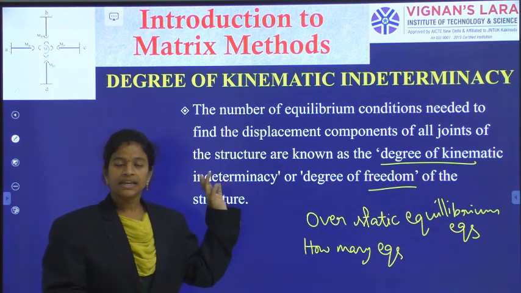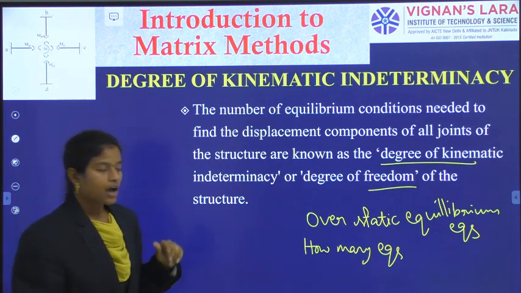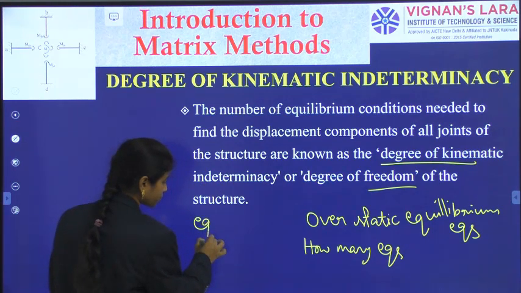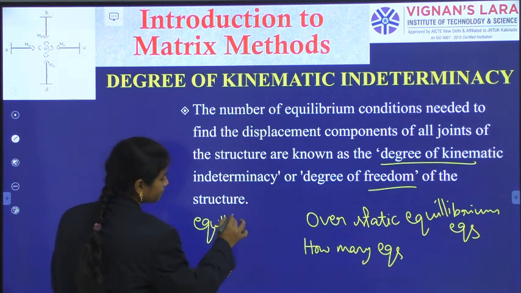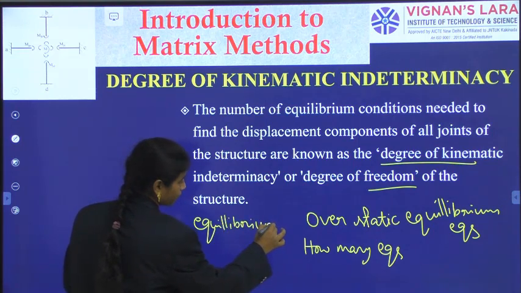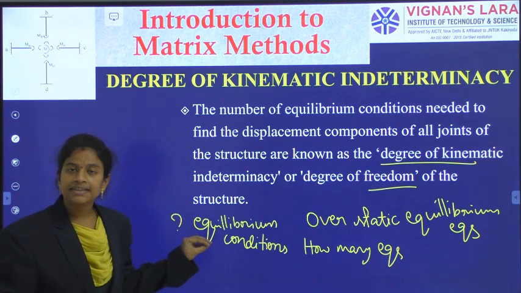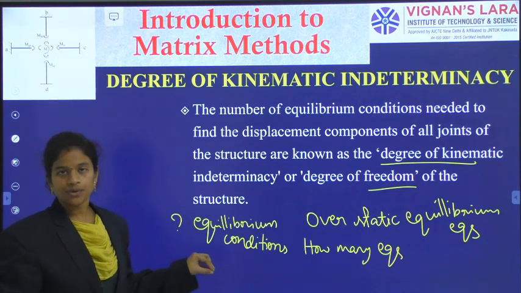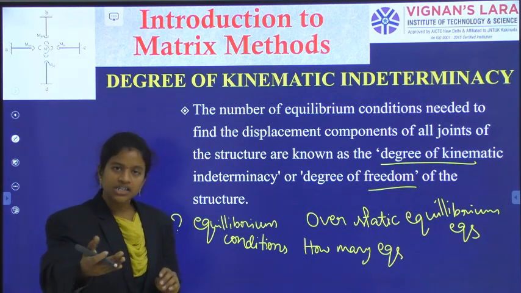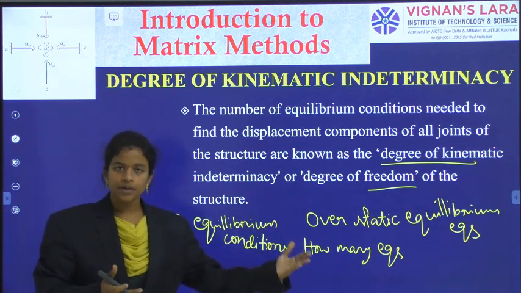In the case of kinematic indeterminacy, how many equilibrium conditions are required for calculating the displacements of the joints? How many displacements of the joints are possible? That many equations I need.